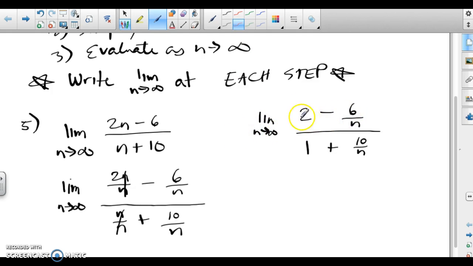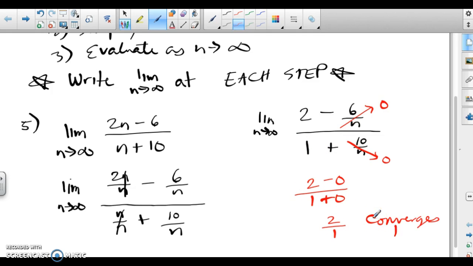So as n goes to infinity, 2 is not affected by n at all. 6 over n though, that's like 6 over infinity as n approaches infinity. 6 over infinity is basically going to 0. 10 over n is basically going to 0, and there's no n in this 1, so it just stays the same. So simplifying this out, we get 2 minus 0 over 1 plus 0, and we don't need the limit anymore because now we are evaluating it. So 2 minus 0 gives us 2, and 1 plus 0 gives us 1. So basically we're seeing that this converges to 2.